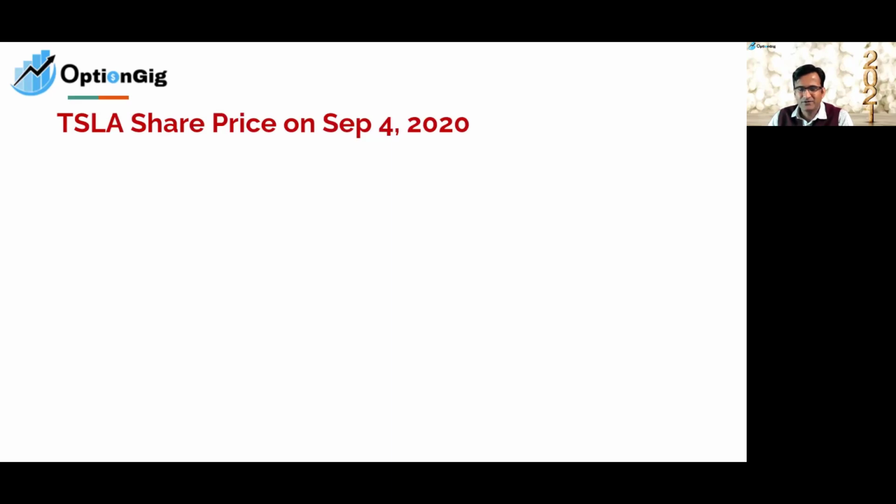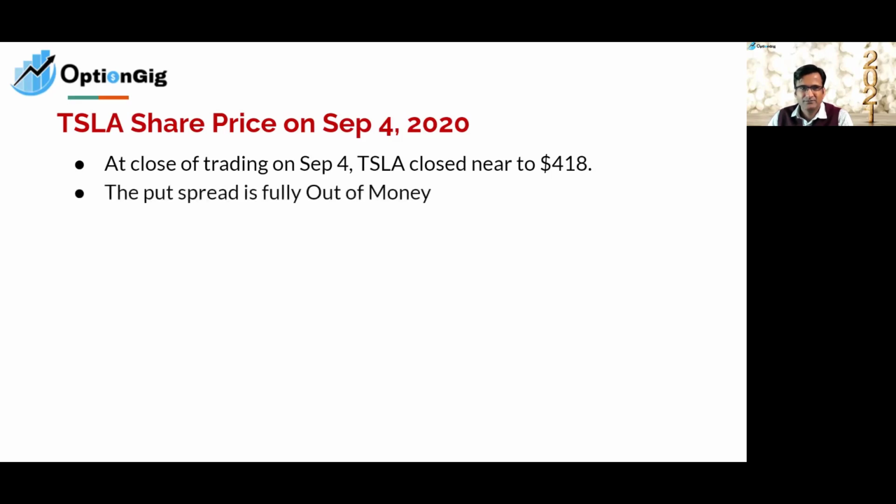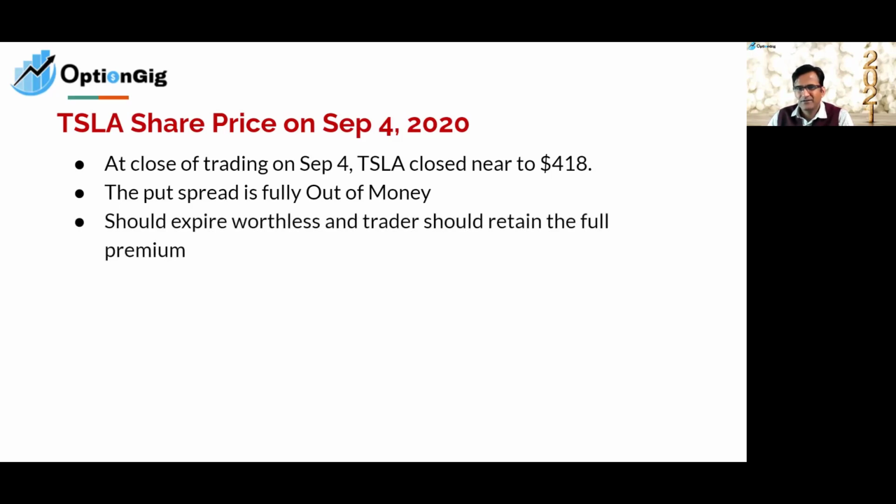On September 4, which was a Friday, expiration Friday, Tesla closed at $418. His short put was at $410, which means he will not be assigned. The put spread is fully out of the money, so it should expire worthless and we don't have to worry about it.